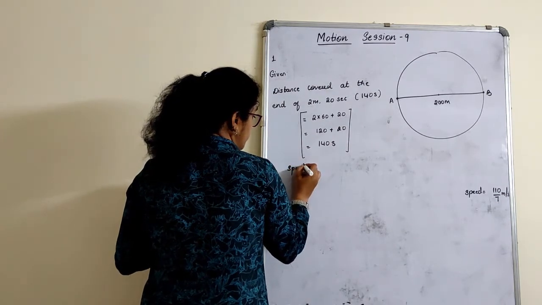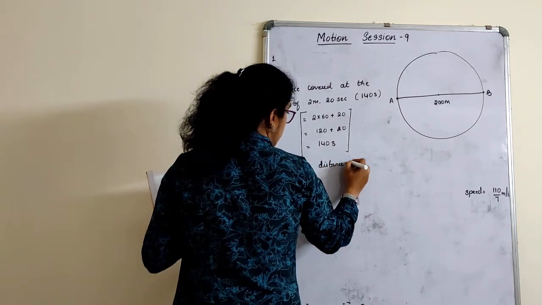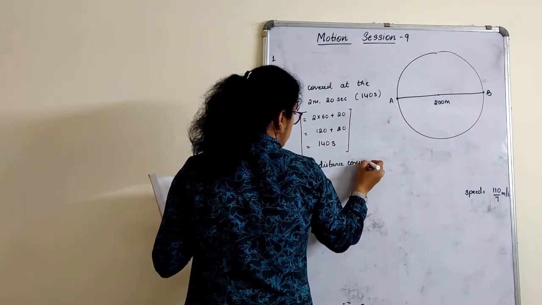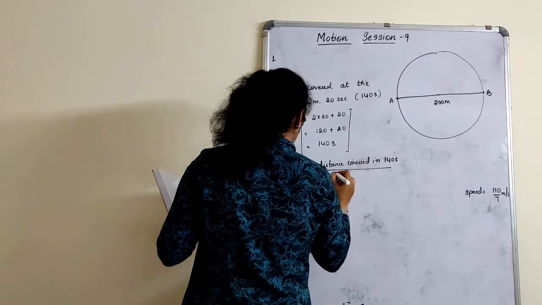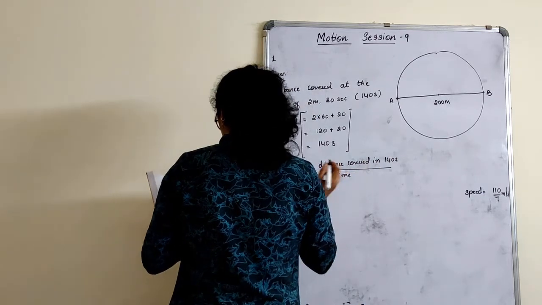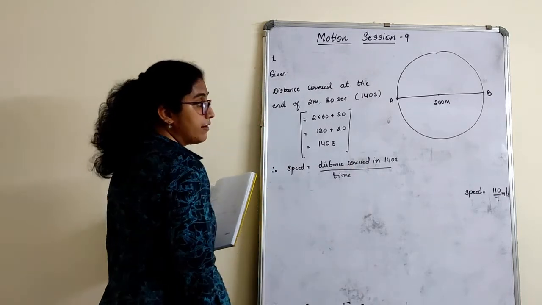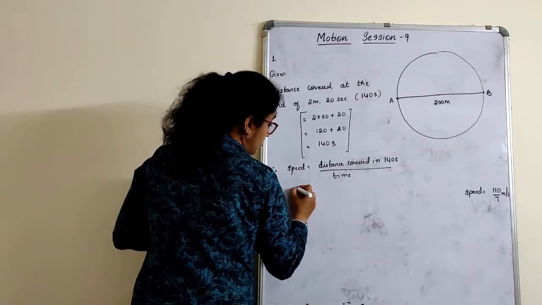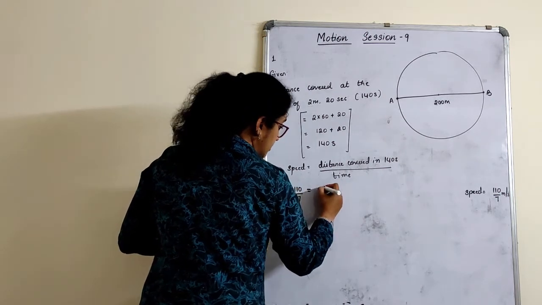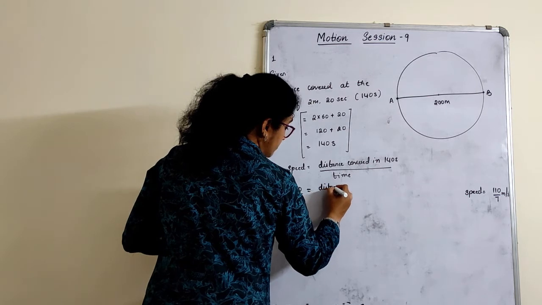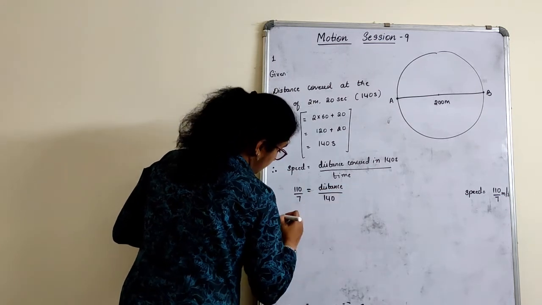speed is equal to distance covered in 140 seconds divided by time. Substitute what you know, the values here. We want distance covered in 140 seconds. So speed was how much? 110 by 7. This is equal to distance, which we have to calculate, divided by time, which is 140.